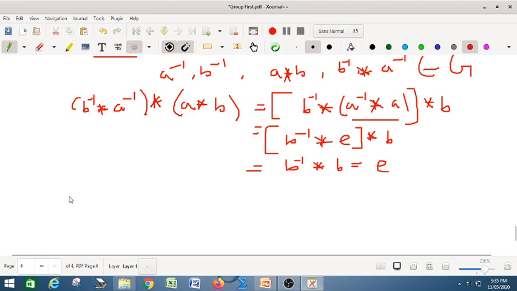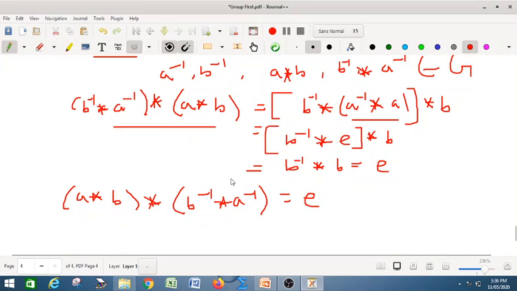Similarly you should try this: A composition B composition B inverse composition A inverse equals identity. It is the same proof; again you take the associative property and the identity element and you will prove this is equal to identity. So what is the conclusion now? We can say that B inverse composition A inverse whole composition A composition B equals E, and also this.